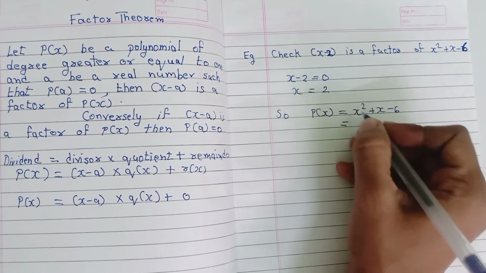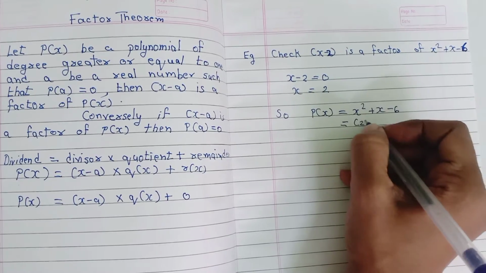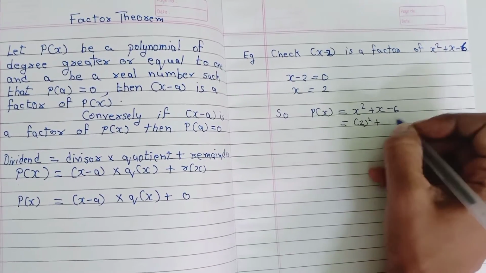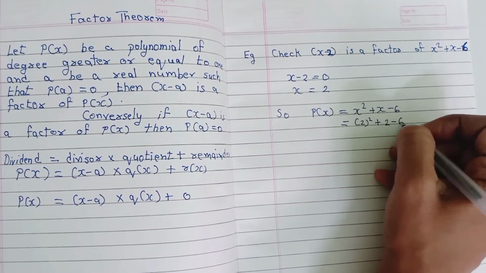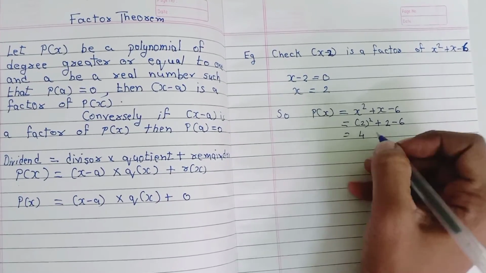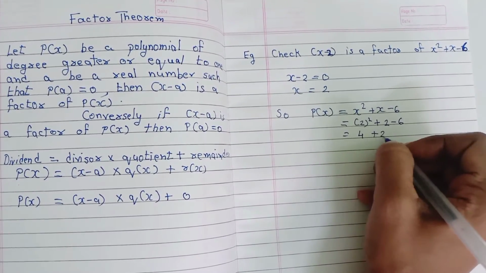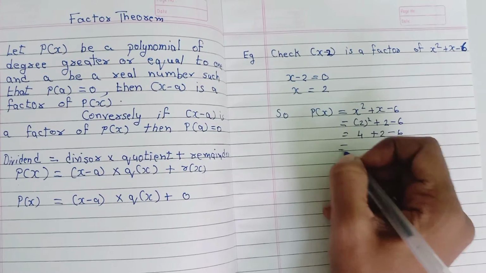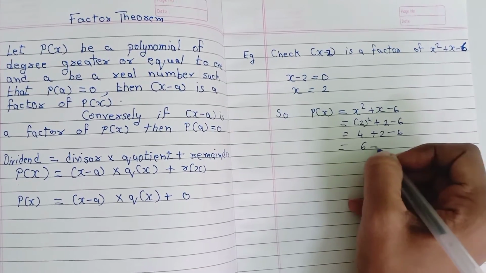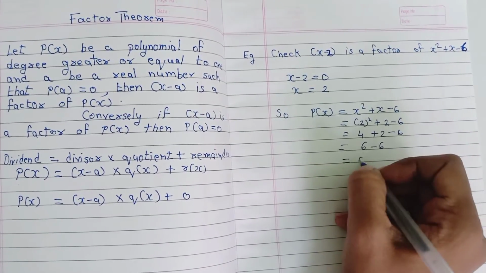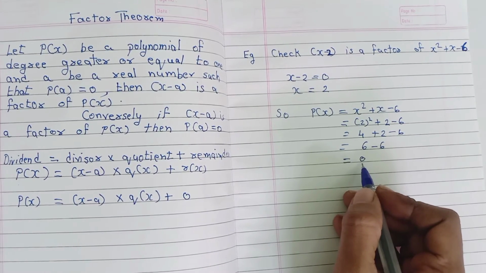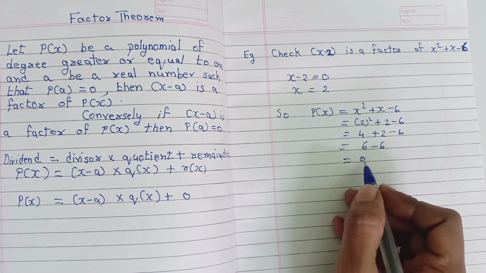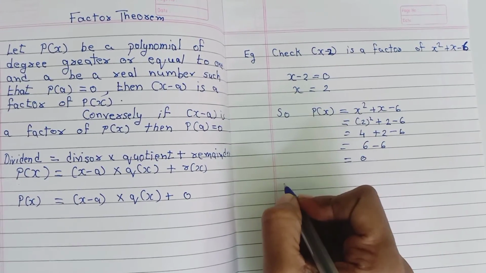So wherever we see x, we will substitute it by 2. So 2 square plus 2 minus 6. 2 square means 2 multiplied by 2, 4 plus 2 minus 6. 4 plus 2 is 6 minus 6. Positive 6 cancelled by negative 6, we get 0. So remainder is 0. So now we can say that x minus 2 is a factor of this polynomial.